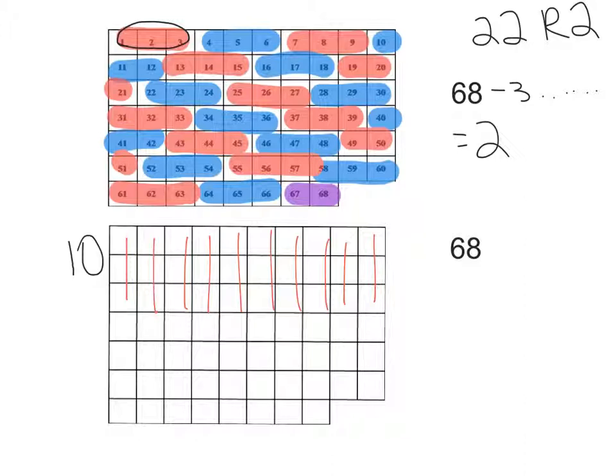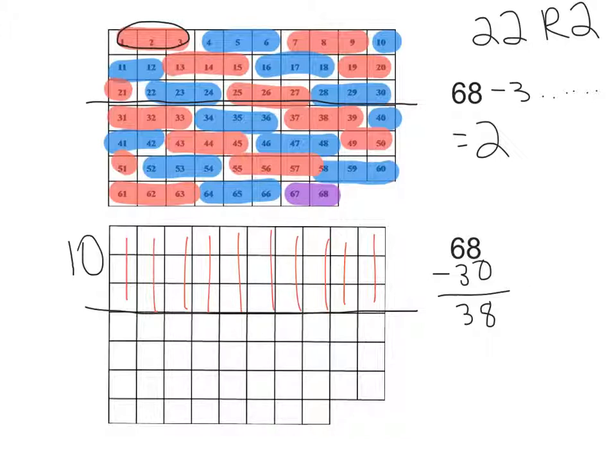Okay, there's 10 groups of 3. Just like up here. That means that I've already dealt with 10 groups of 3, which is 30. I've already divided 30 of the original 68. That leaves me with 38.